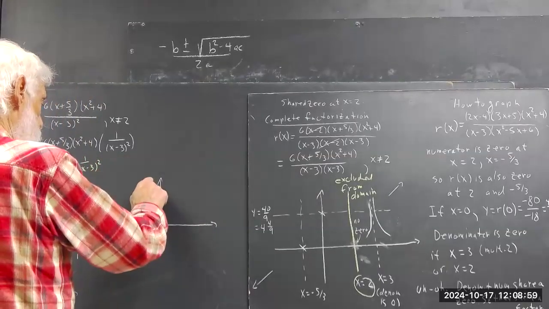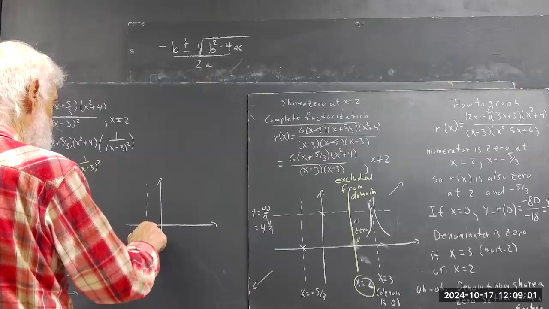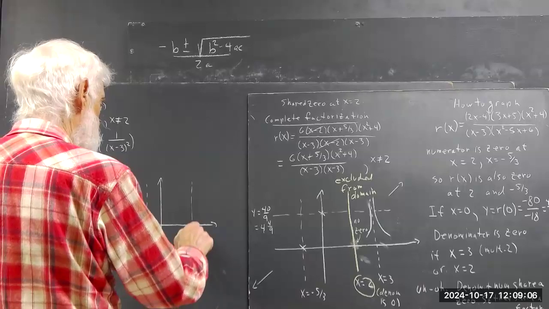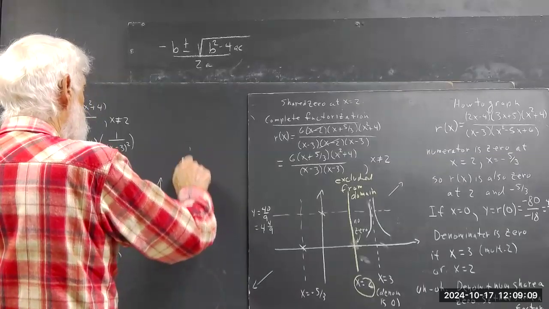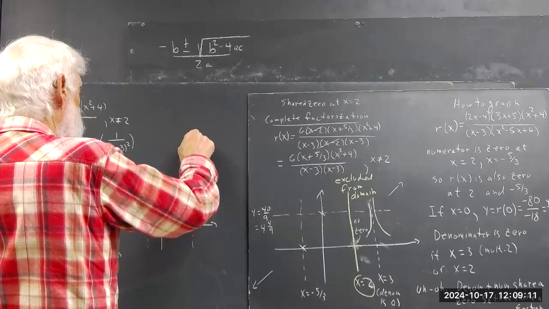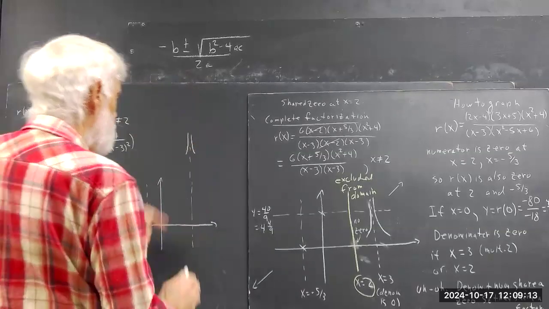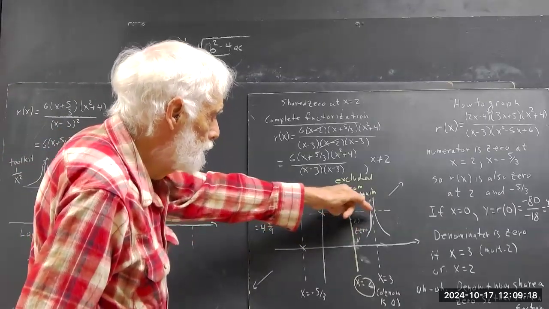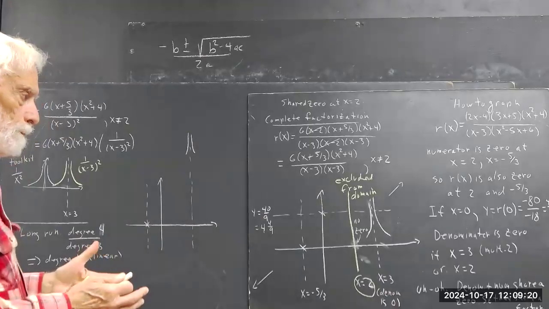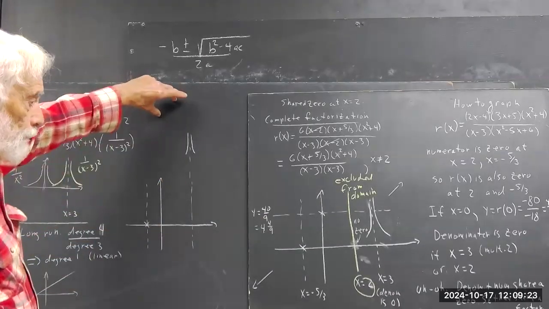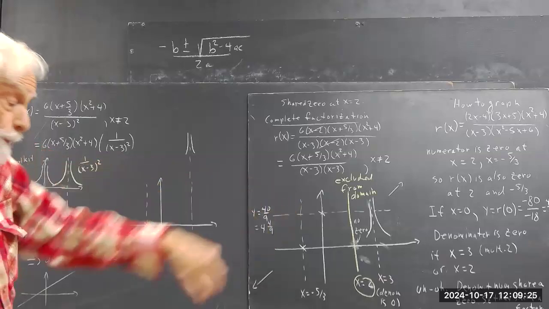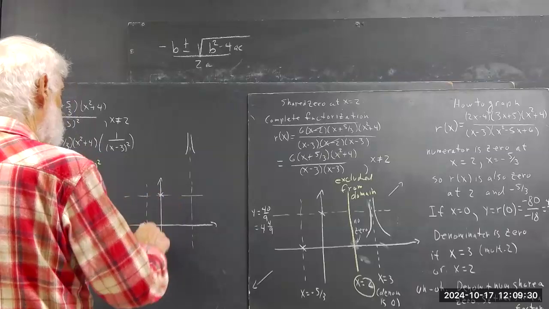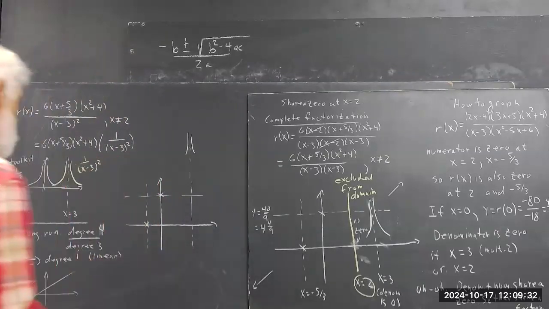It's coming down from here, coming down from here. I needed more vertical space because this curving of the asymptote curves much higher than what I was able to draw here. Okay, so we've also got this point, and it's like a linear function.